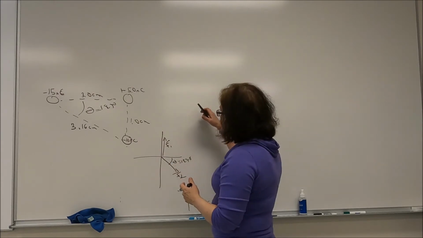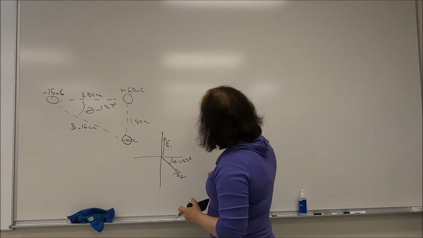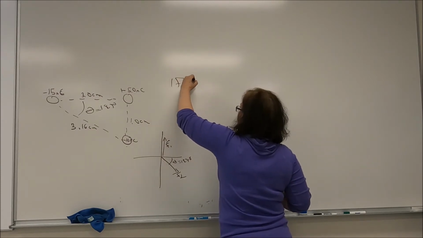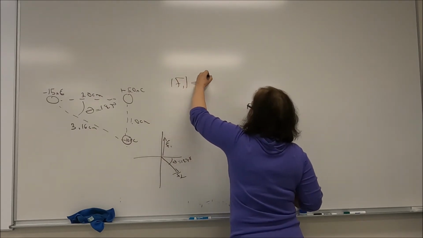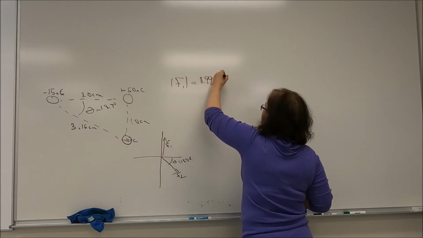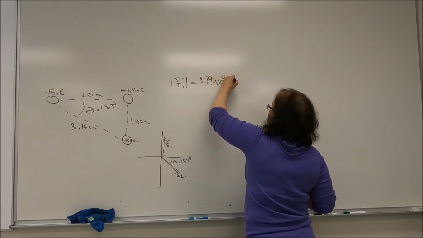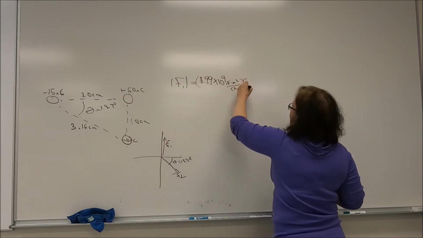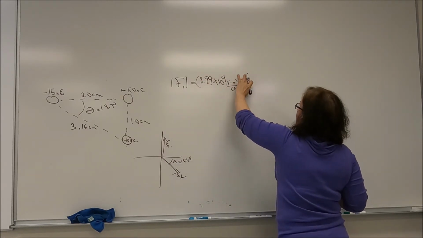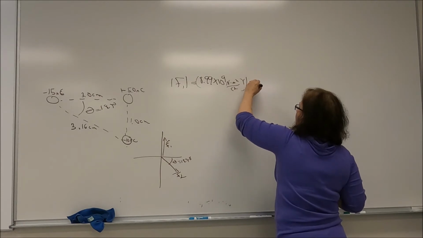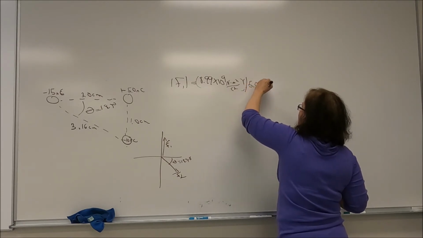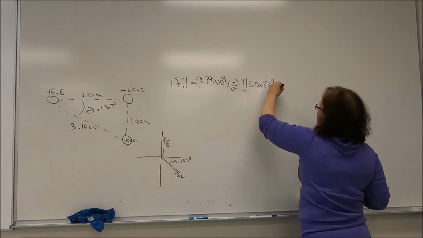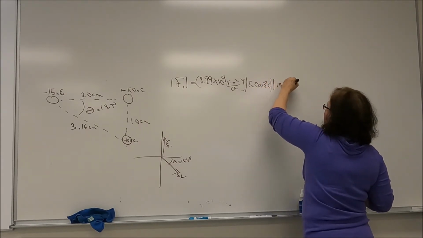Okay? Now, let's get the magnitude of force F1 and the magnitude of force F2. Magnitude of force F1 is going to be 8.99 times 10 to the 9 newtons meters squared over coulombs squared, times the absolute value of 5 times 10 to the minus 9 coulombs times the absolute value of 10 times 10 to the minus 9 coulombs.